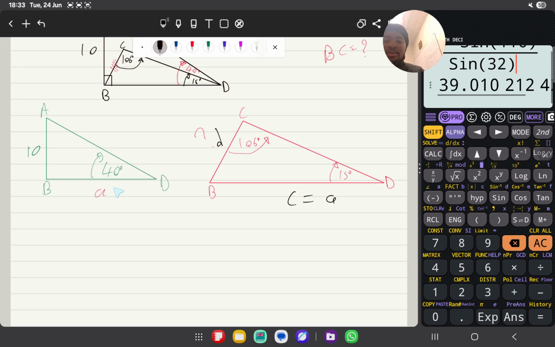This is an adjacent side, and I have an opposite side: adjacent, opposite, tangent. So tan 40 degrees is equal to opposite over adjacent, which is 10 over A. Let me just do it step by step.